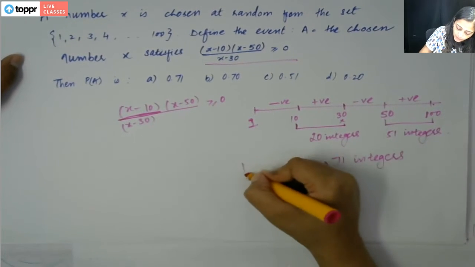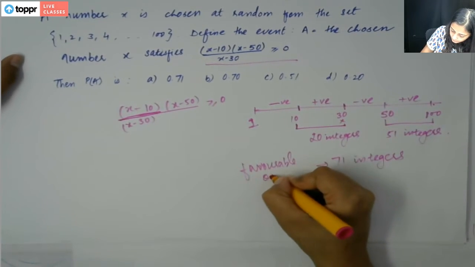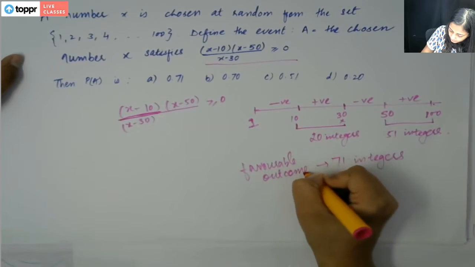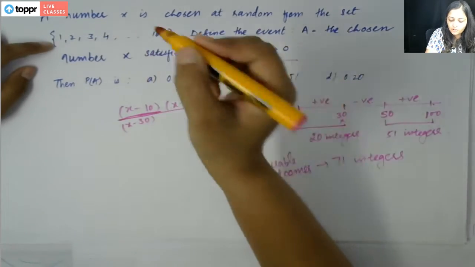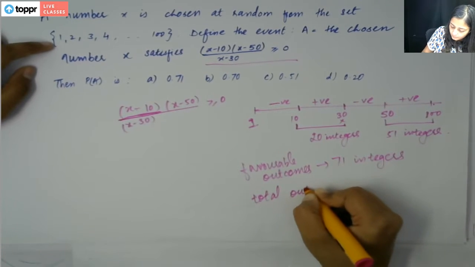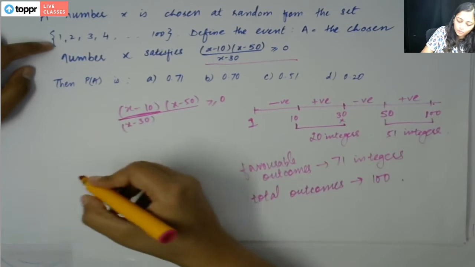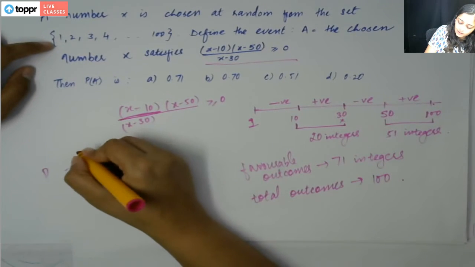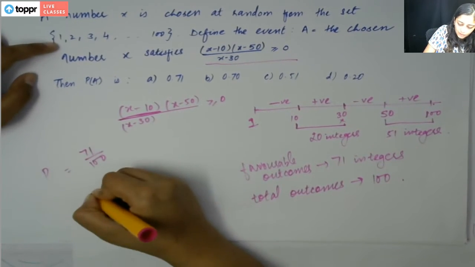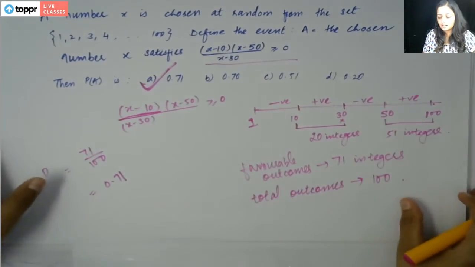These are the favorable outcomes. And how many integers do we have in the set? The total outcomes are 100. So the probability is 71 by 100, which is equal to 0.71. So this is the correct answer.